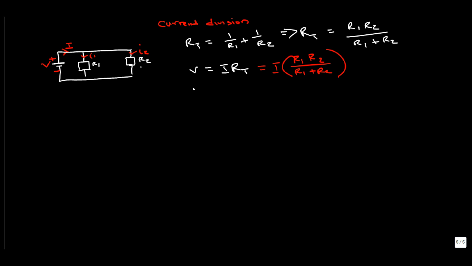Like I said, we want I2 to be our output current. Again, by Ohm's law, V is equal to I2 R2, so I2 is equal to V over R2.